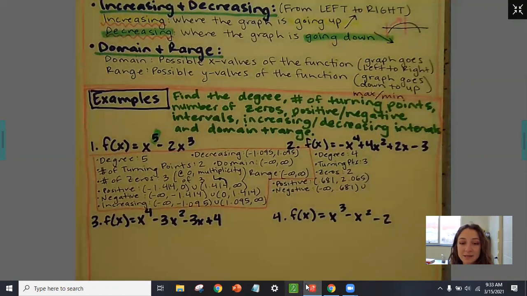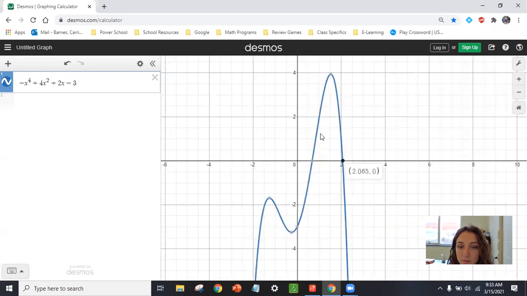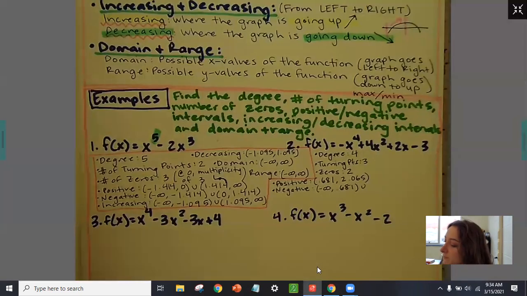And then it's going to happen again over here after this point. So it goes from above the x-axis to below the x-axis. So 2.065 all the way until positive infinity. A lot of people like to say negative infinity, but remember we're looking at the x-axis, we're looking at time, and this is positive infinity over here. So from 2.065 to positive infinity.